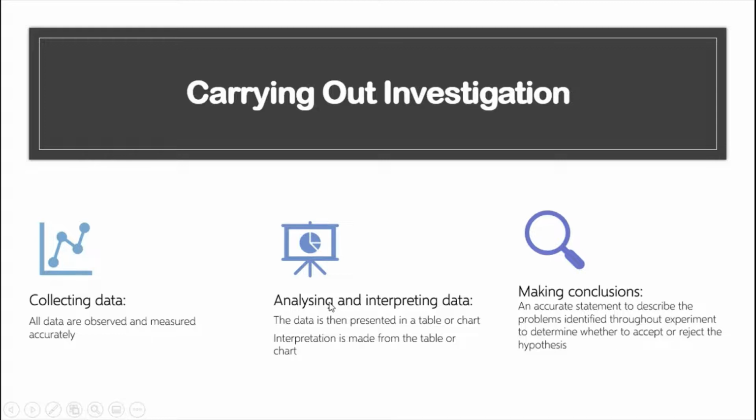So what is a conclusion? A conclusion is an accurate statement to describe the problems identified throughout experiments to determine whether to accept or reject the hypothesis.